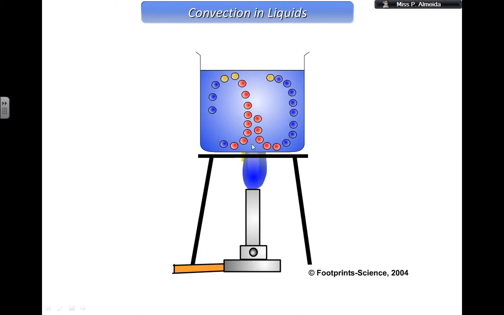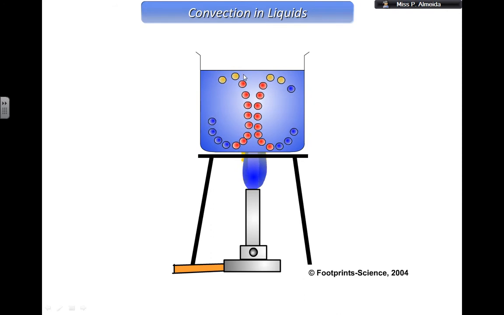This means that for the same volume, I have fewer particles in that volume because they are moving away from each other. So the density of that part of the liquid is going to decrease. So less dense things rise. So the particles are going to rise to the top.